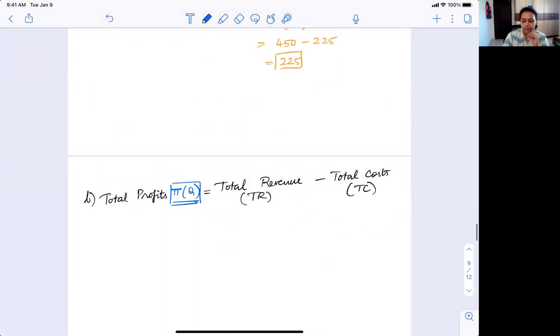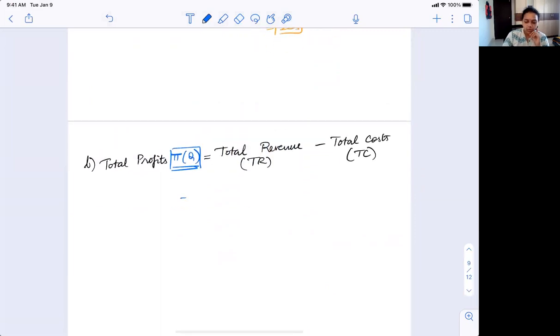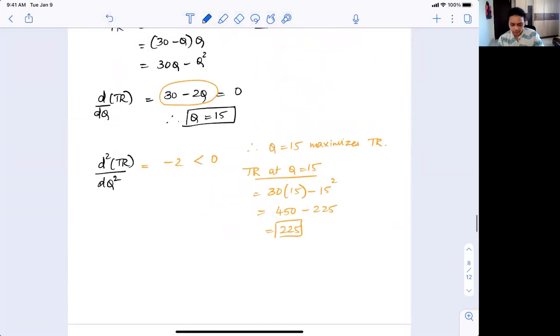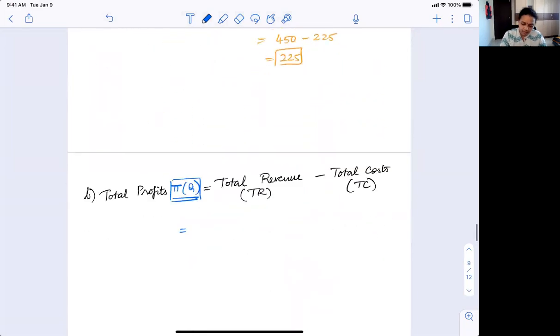Now let's go ahead and compute this profit function. So we have total revenue is what? 30Q minus Q squared. And we're told that the cost function is, I have it right here somewhere. Yeah, so the cost is half Q squared plus 6Q plus 7.